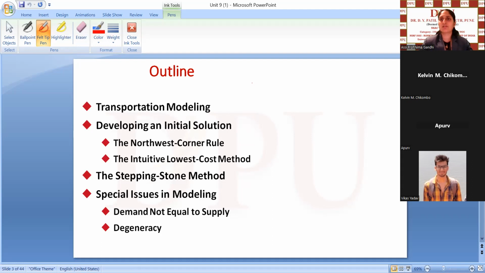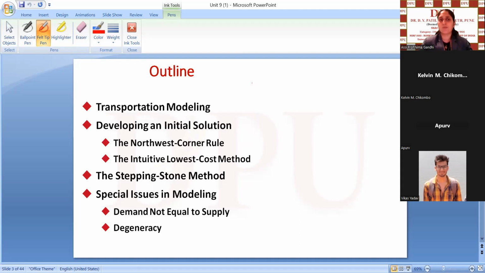By using these three methods, we find the solution to the problem. But we don't know whether our solution is optimum or not.